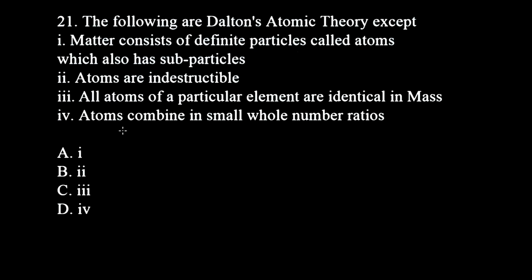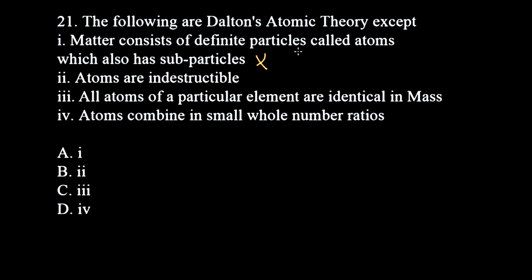Alright, so let's look at this question. The following are Dalton's atomic theory except. Matter consists of definite particles called atoms, which are subatomic particles. So I think this is out because Dalton did not mention that atoms are composed of subatomic particles.